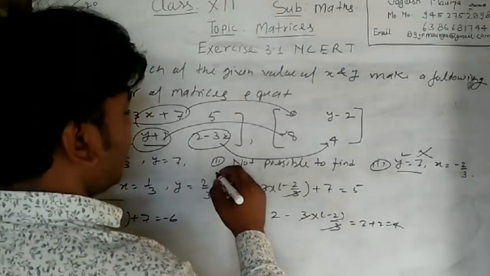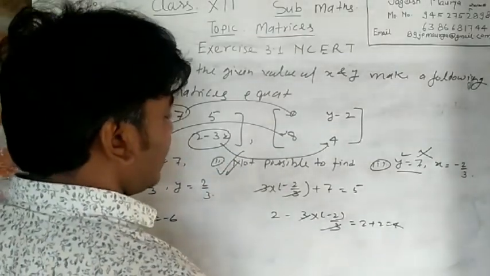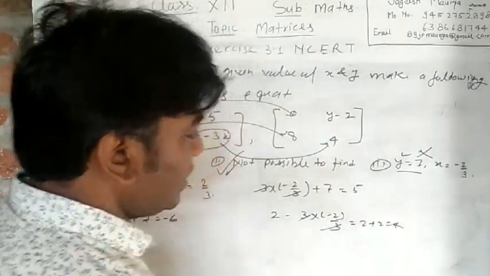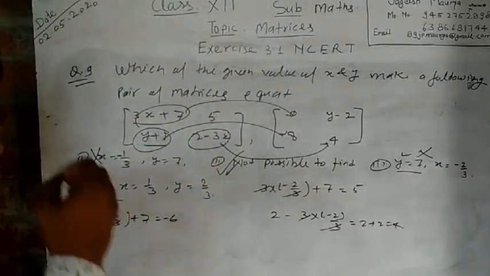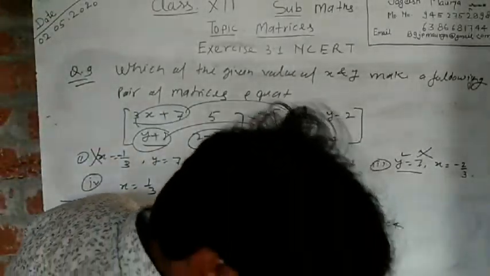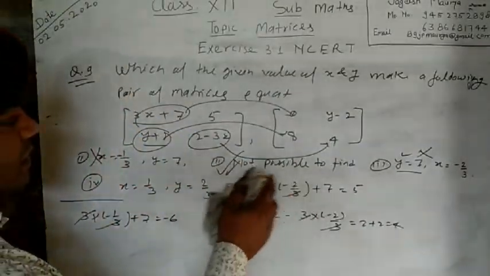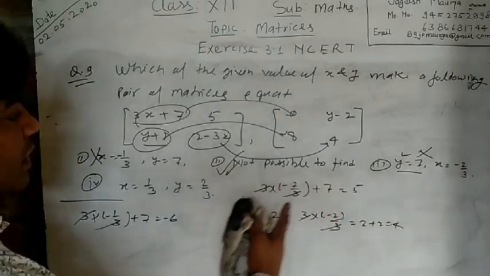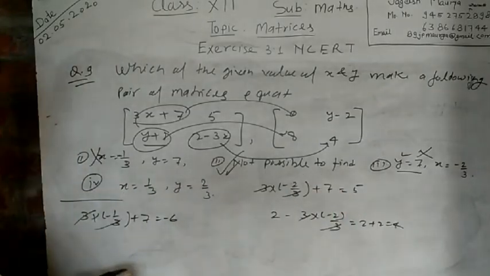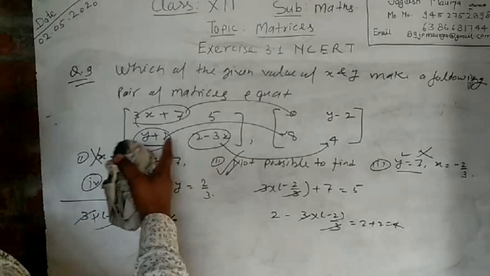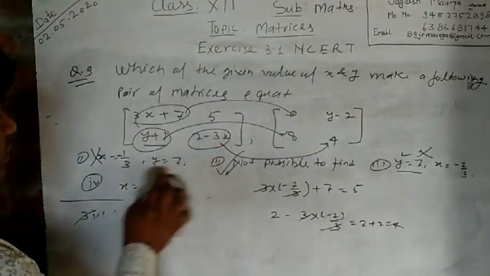So option number second option is correct. Not possible to find the value of x and y. There is no pair, out of these options, which satisfies such that both matrices are equal.